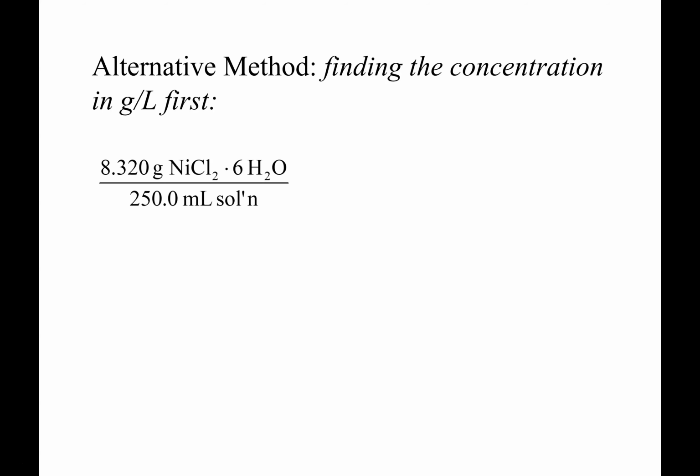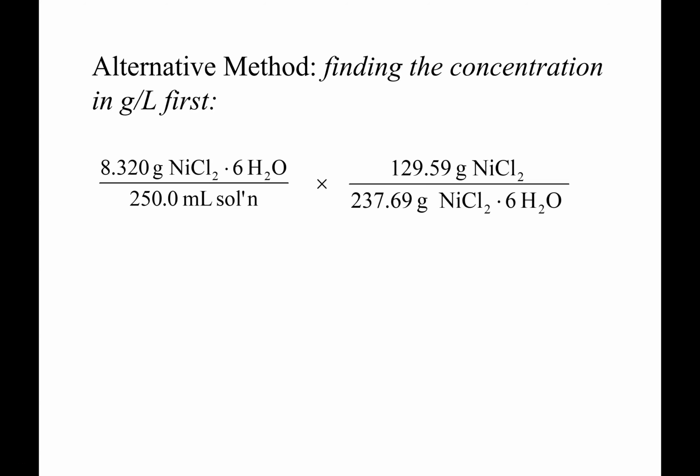Now, on the previous slide I showed you, we can look at the relative masses without the waters, which we call anhydrous. On the previous slide, we came up with the molar mass of nickel(II) chloride. This is the anhydrous, meaning without water.